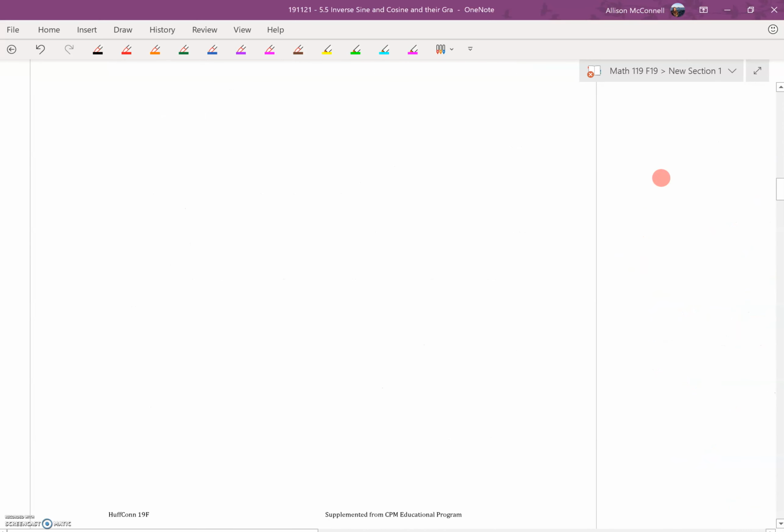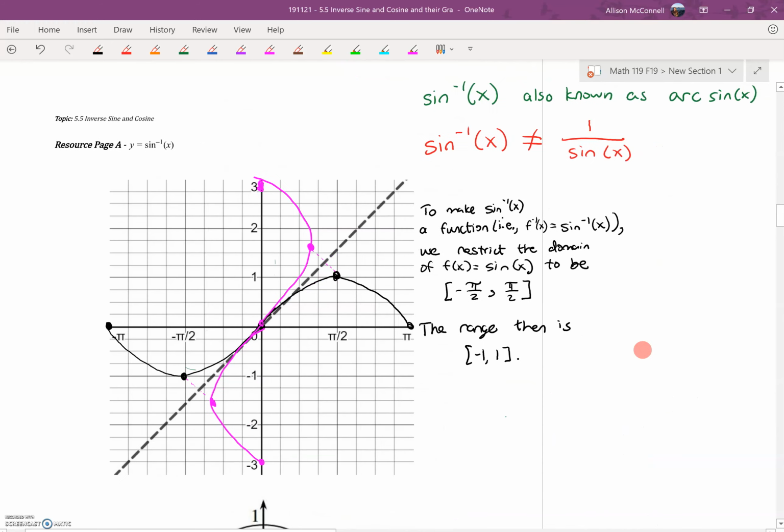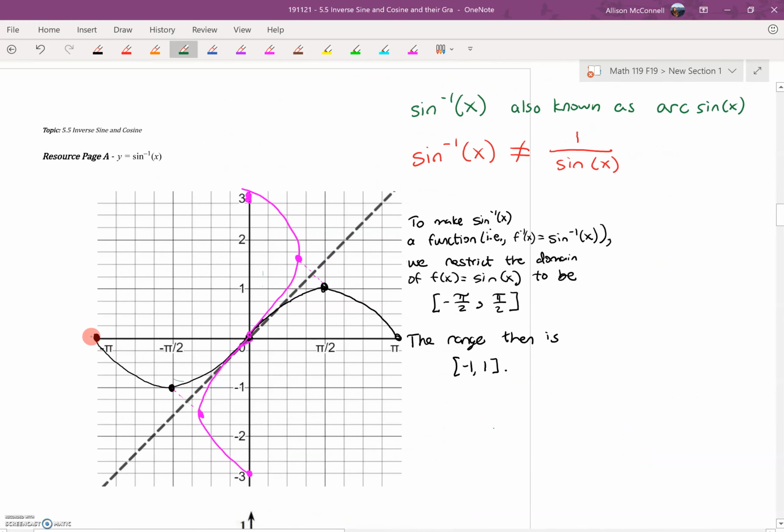What you see here is the graph of the sine function from negative pi to pi. And then you see the reflection that you created in class today.